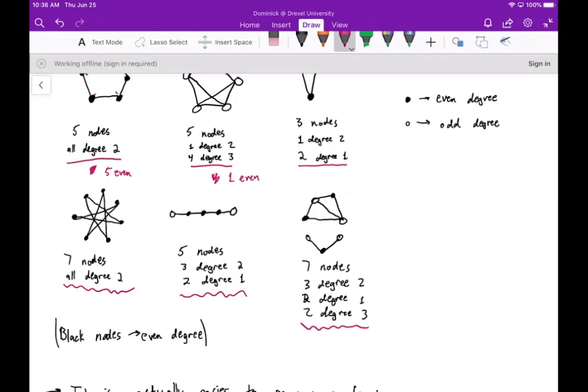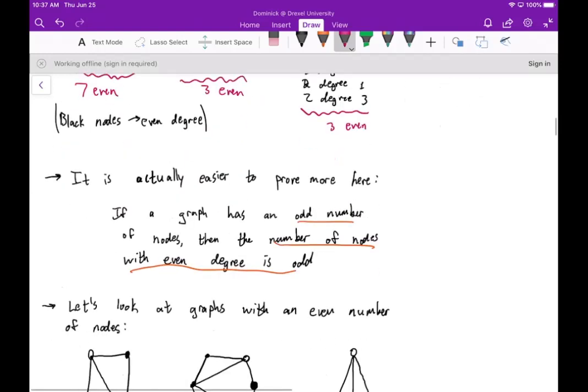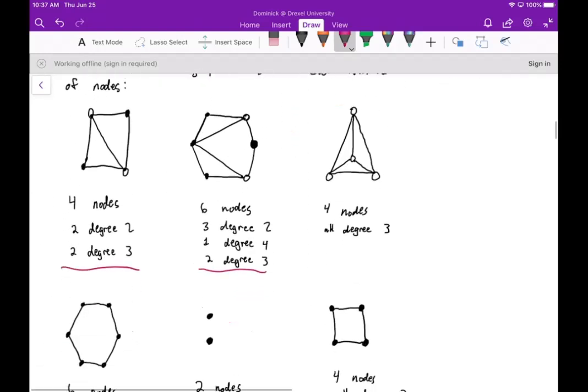This has 1 even. This has 7 even. This has 3 even. And this one has 3 even. So it looks like all of these graphs with an odd number of vertices have an odd number of vertices with even degree. That's what I want to highlight.